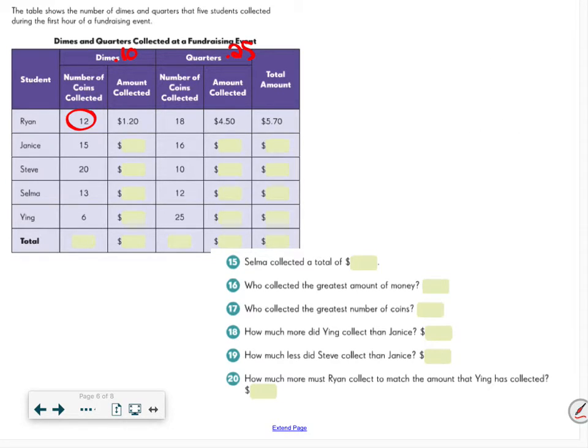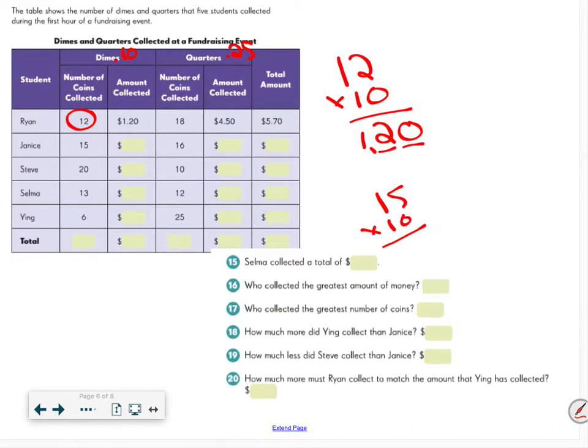You either can take how many coins you have and multiply it by 10 cents, which is how much it's worth. So you could do 12 times 10, which is 120. And then you have to realize, well, this is money, and I always put my decimal and have my change on the sides with $1.20, okay? So if I have 15, Janice says 15, and it's 10 cents. 15 times 10 is 150, so that would be $1.50.